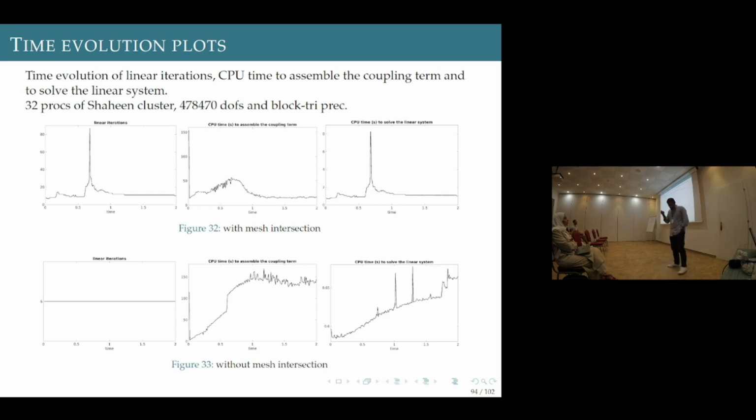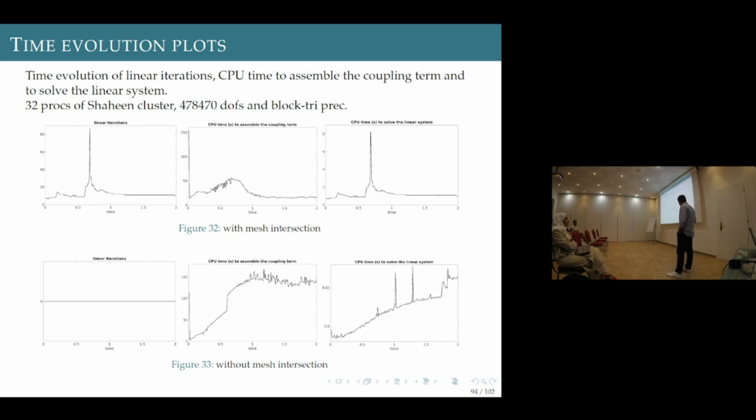This is also due to the fact that when you use mesh intersection, the coupling term is more dense than without intersection. So probably the solver suffers in solving this case, and the other results are in line with this fact. While in the case without mesh intersection, we have a constant number of linear iterations.